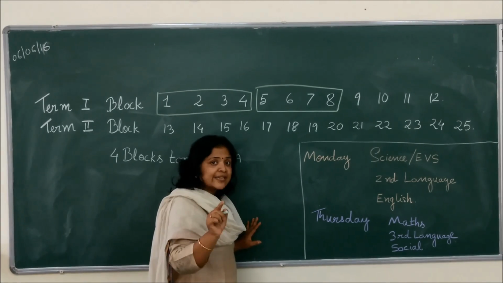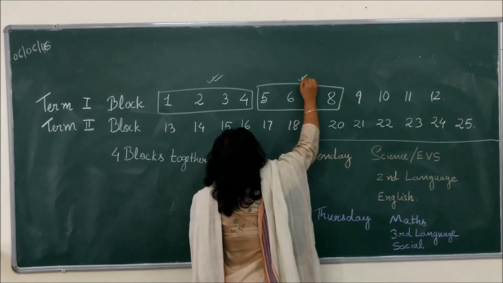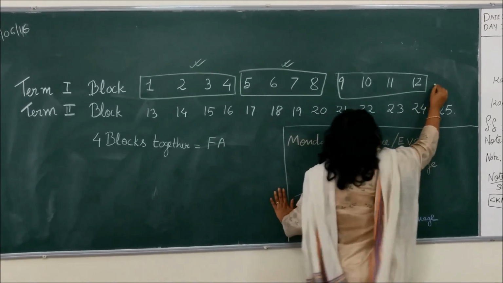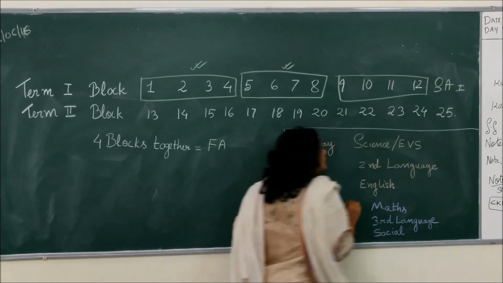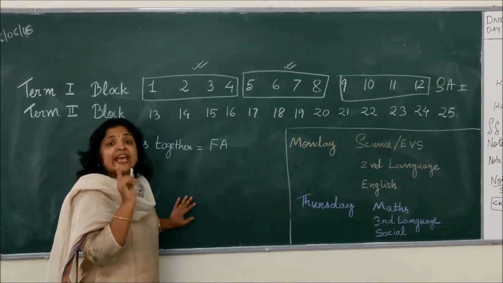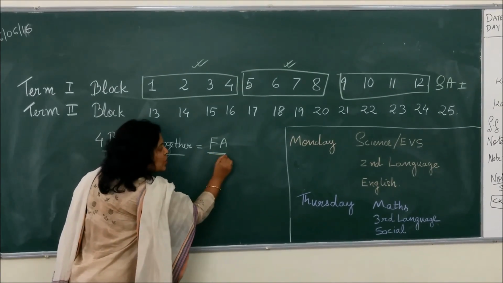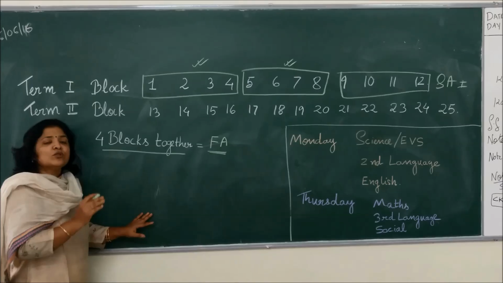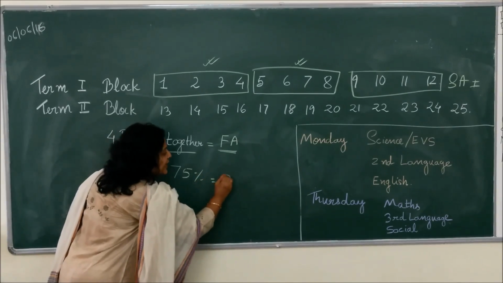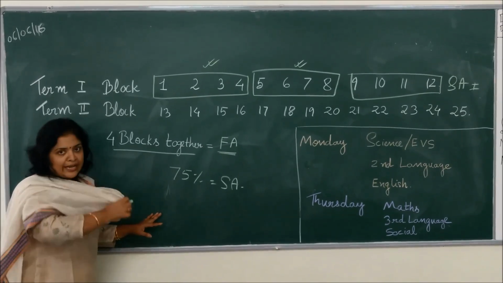For SA1 or SA2, we will be taking some from here, some from here, and these 4 blocks, so that the child will have SA1. The same thing will be followed for term 2, and at the end we will have the SA2 exam. The 4 blocks together will be the average of each FA, and almost 75% of the syllabus will be taken each term for the exam. This is how the child's report card will look.